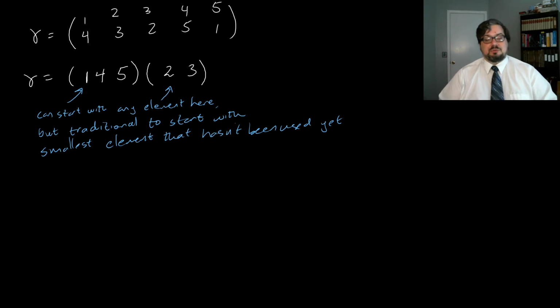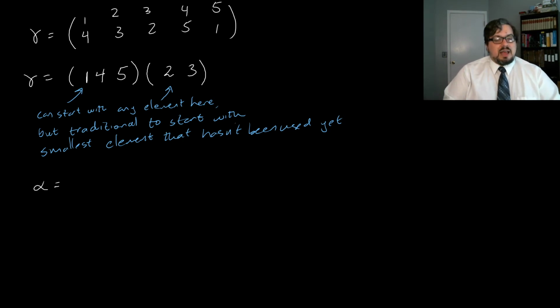So we can close the parenthesis there. So that means that this gamma has to be written using 2 cycles, which is not a problem. Many permutations we work with have to be written using multiple cycles, and that's how we can do it.